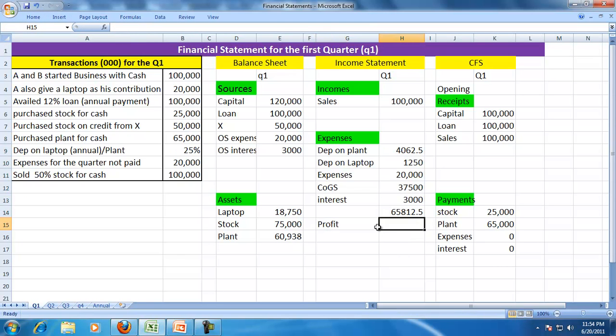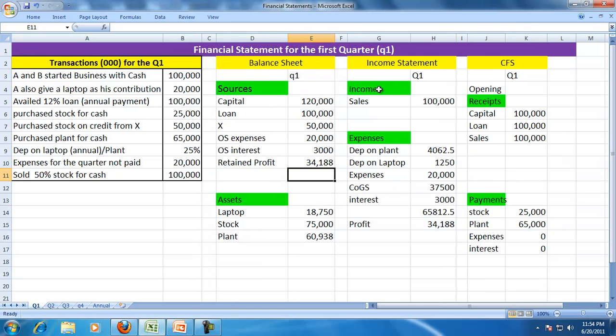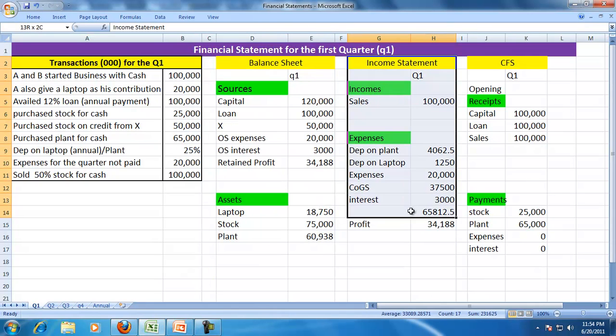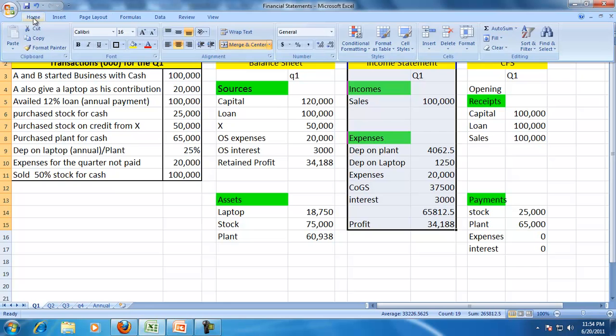So profit, I'm ignoring the tax for the time being, is 34,000, and I'm going to show that for the period. I'm not using that profit or distributing it, so I show the profit in the balance sheet as retained profit. That means I'm retaining that in the business. So the income statement is done.